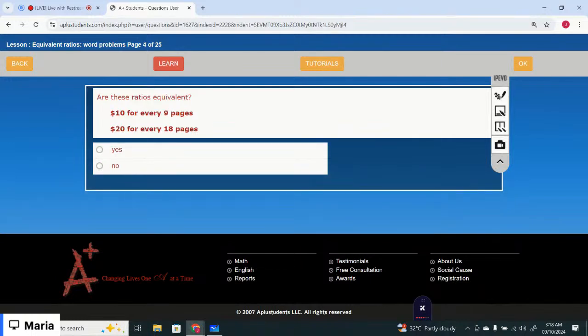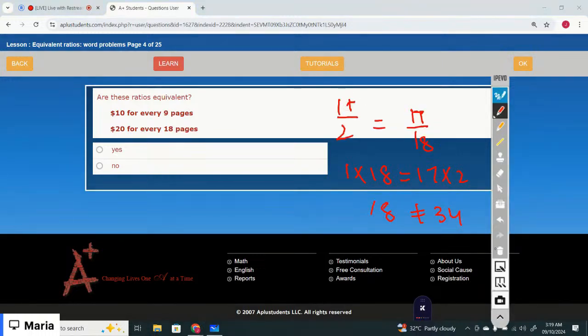Are these ratios equivalent? $10 for every 9 pages and $20 for every 18 pages. That is 10 to 9 and that is 20 to 18.